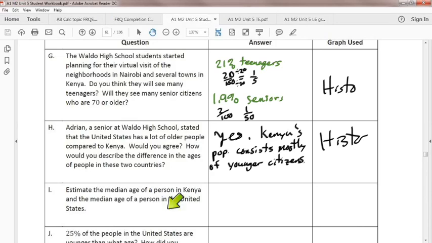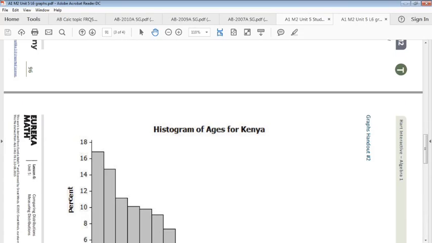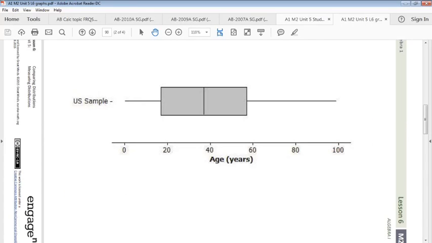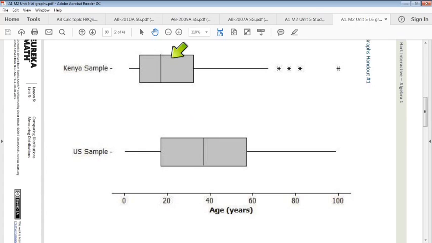All right, let's look at our next question. Estimate the median age of a person in Kenya and the median age of a person in the United States. That would be kind of hard using these histograms. I don't really want to estimate the median age there. If we go up, we can see our box plots. This middle line right here is supposed to represent the median. So in Kenya, the median age is about 18, maybe 17.